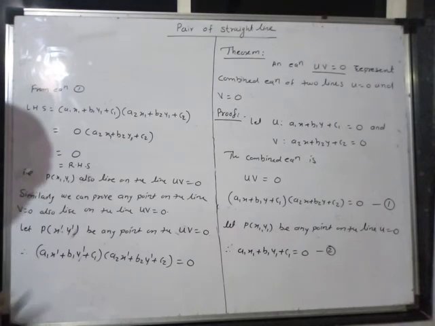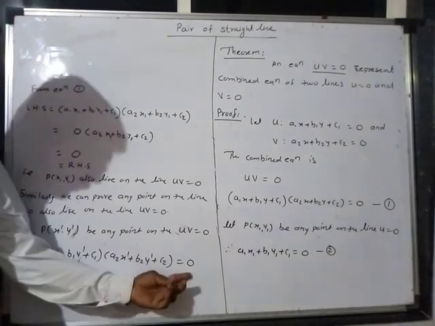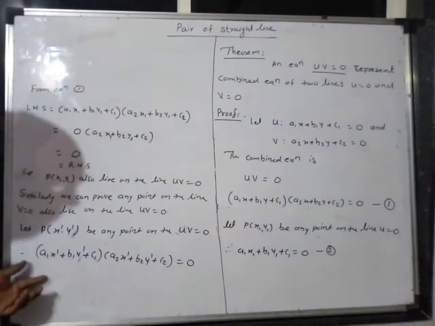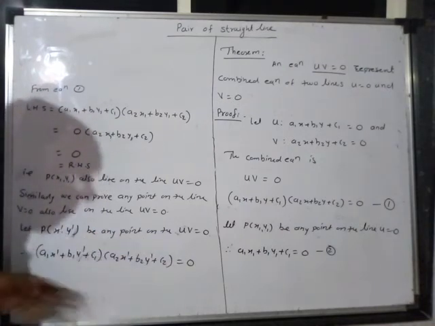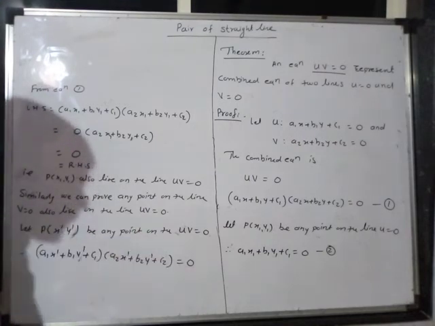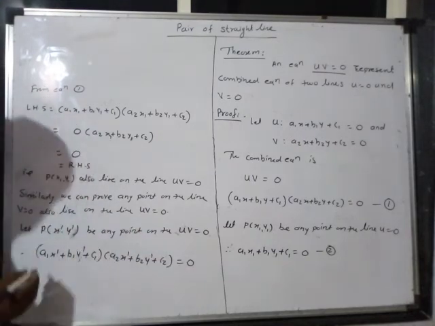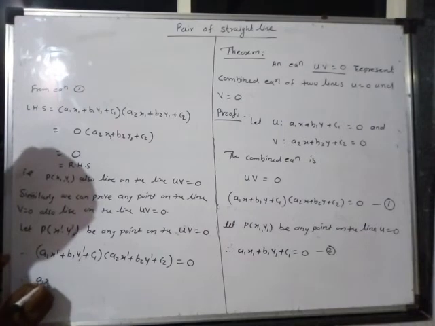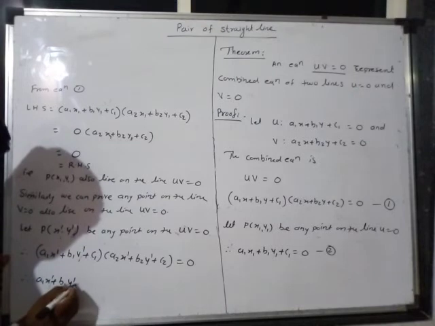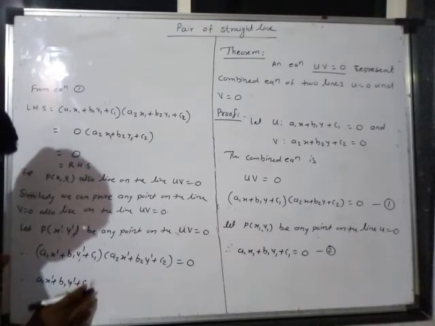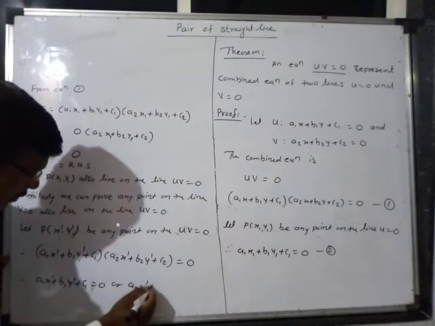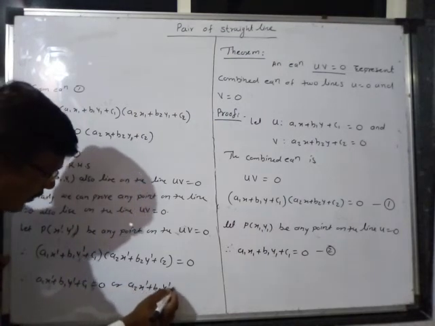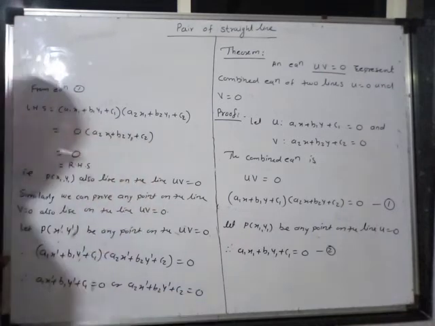We know that the product of the two numbers is 0 if and only if any one of the numbers must be 0. दोन संख्येचा गुणाकार 0 कधी असतो, तर त्यापैकी कोणती तरी एक संख्या काय असली पाहिजे, 0 असली पाहिजे. म्हणून therefore a1 x dash plus b1 y dash plus c1 is equal to 0, or a2 x dash plus b2 y dash plus c2 is equal to 0.